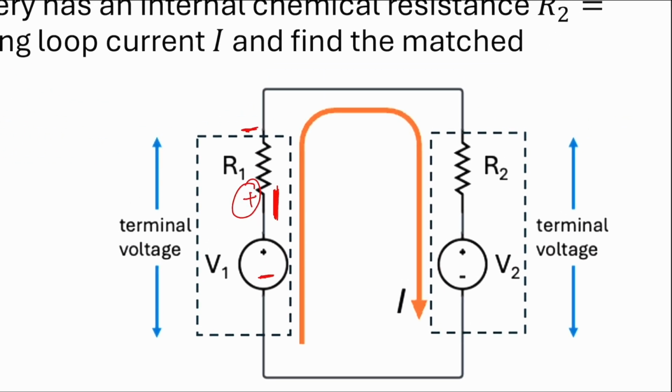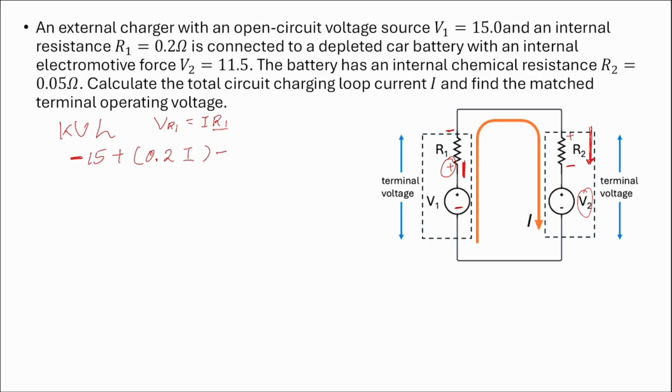The same argument, cross R2. This must be positive. This must be negative because we assume the current passing through along this direction, and also it enters V2 as well. This is how we charge the battery. So the same argument, positive.